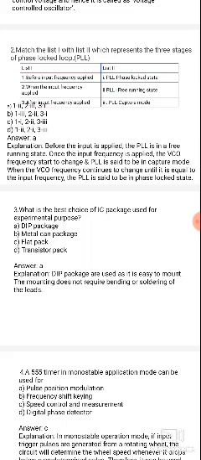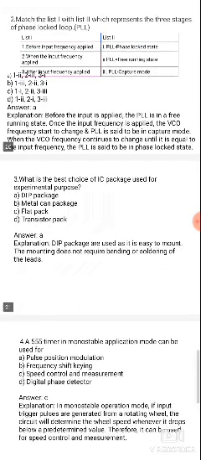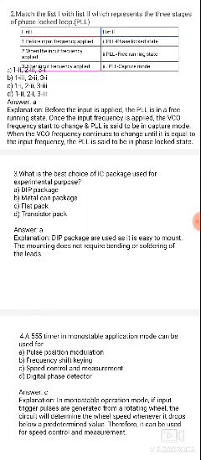The explanation is that before the input signal, the PLL works in the free running state. Once the input is applied, the VCO frequency starts changing and the PLL is said to be in capture mode. The voltage controlled oscillator frequency continues to change until it equals the input frequency.